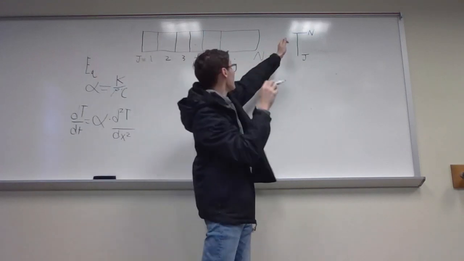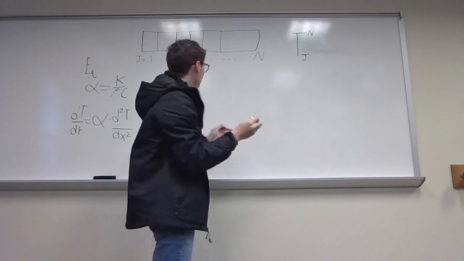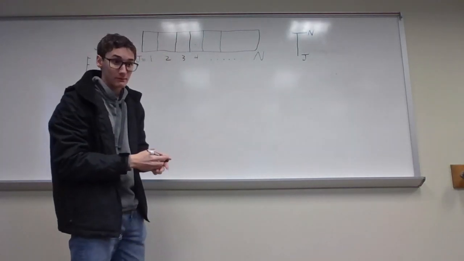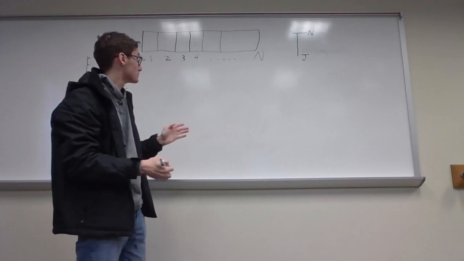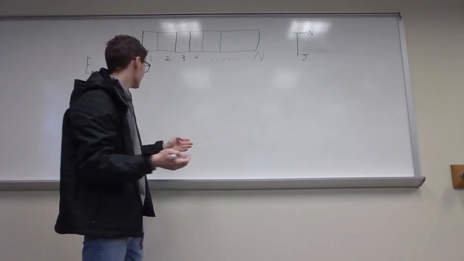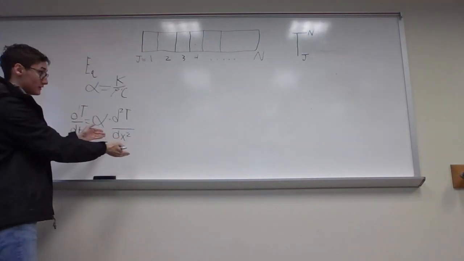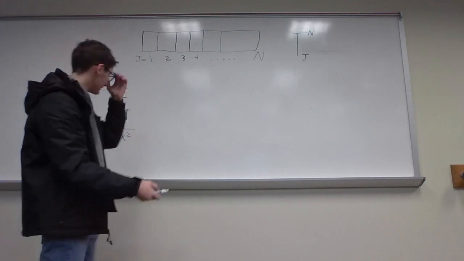And then it's also N, where N is the time, because just knowing the position isn't enough. We need to know at what time and what position the temperature is. Those are both really dependent on each other, as shown in this equation where you have time, temperature, and position throughout the entire equation.